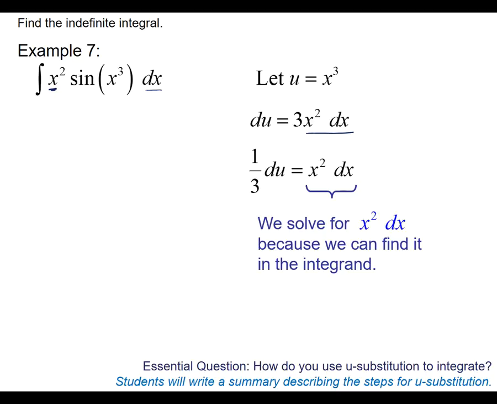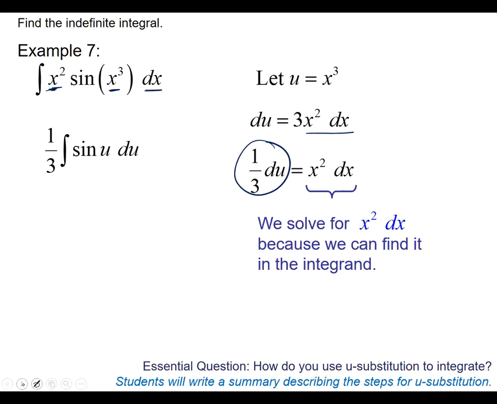All right, so let's sub in. What's going in for the x cubed? What's going in for the x squared dx? 1/3 du, so that's what we're subbing in here. What's the integral of sine?